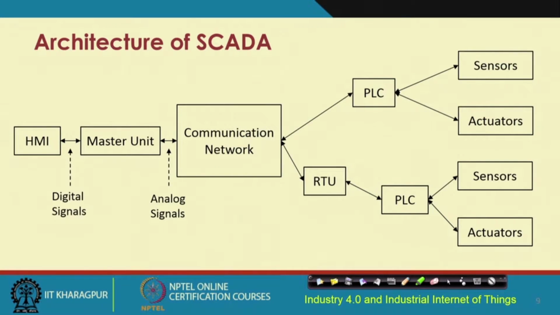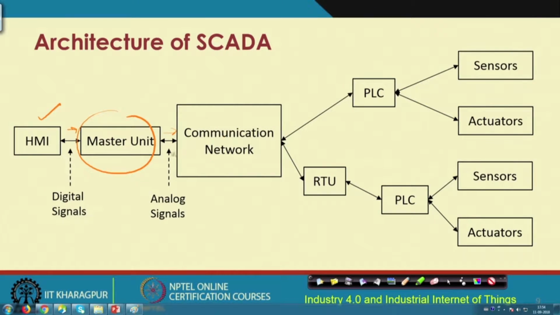As you can see, we start with the HMI, which is the human machine interface. Then comes the master unit, which takes the digital signals from the HMI and converts them to analog signals. So, this master unit sits in between the HMI and the communication network and converts digital signals to analog and analog to digital and vice versa.